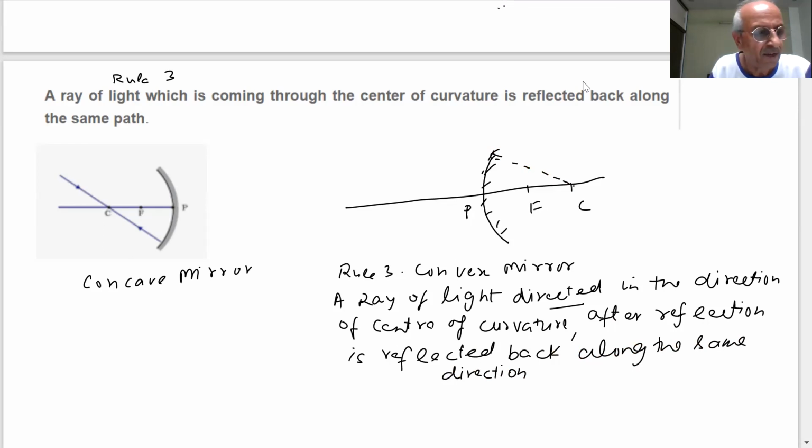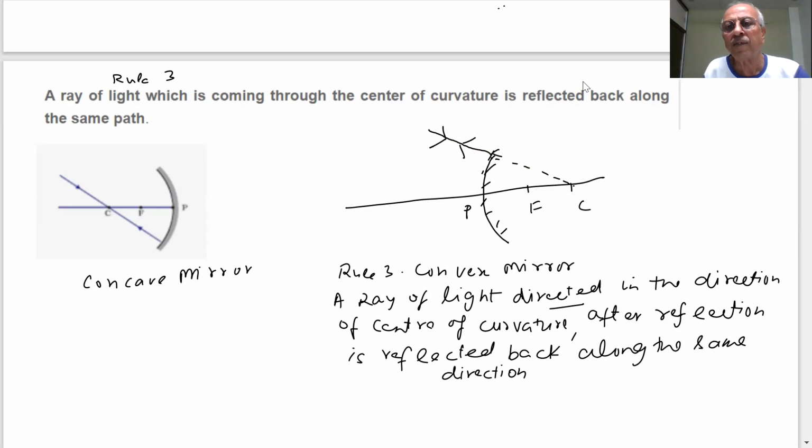A ray of light directed in the direction of center of curvature, after reflection, what will happen to this? It is coming like this. After reflection, it is reflected back along the same direction. Can we see that? Tell me.